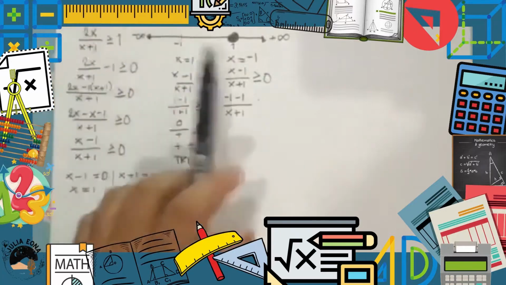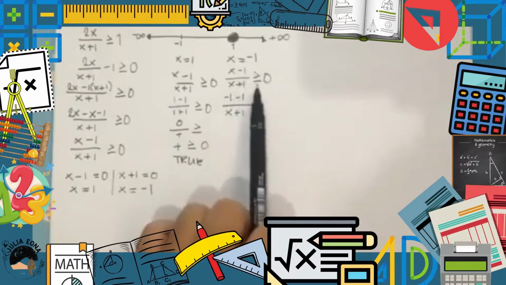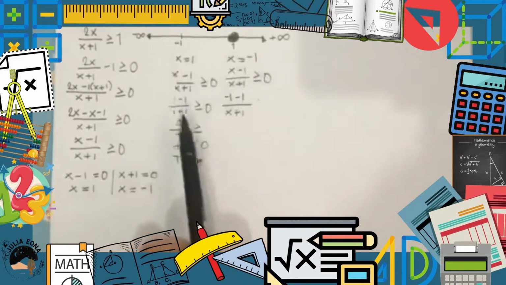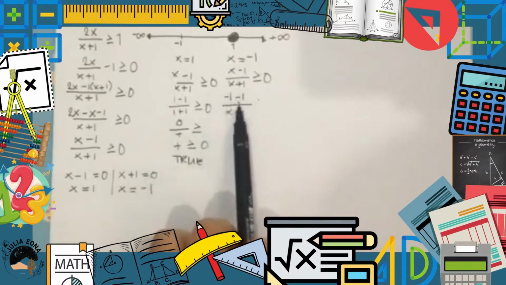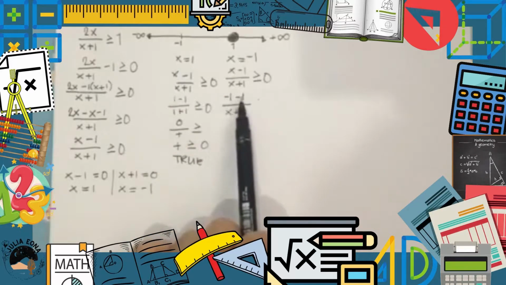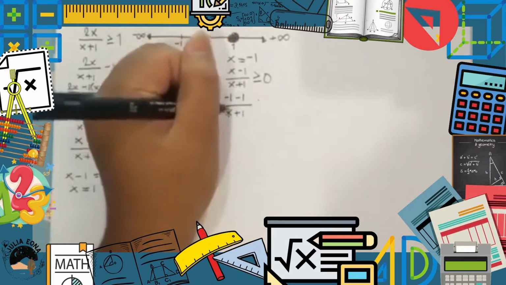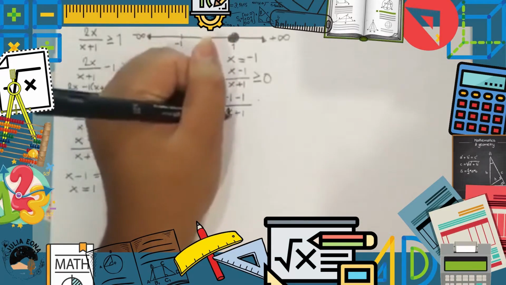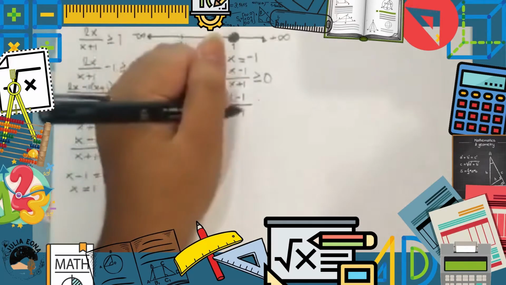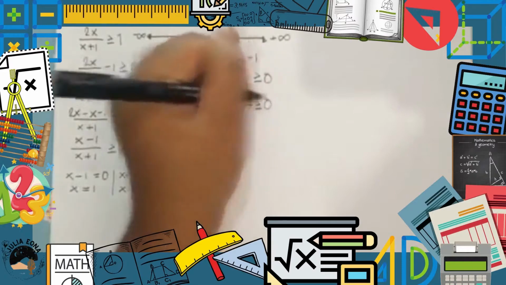So we have x minus 1 over x plus 1 greater than or equal to 0. Now let's substitute all x with -1. So -1 minus 1 over -1 plus 1 greater than or equal to 0.